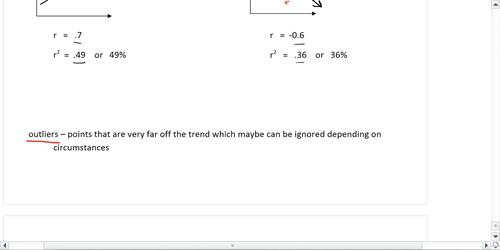You may throw them out if your equipment malfunctioned, for instance. But just because you get outliers doesn't mean you always throw them out, because sometimes you have some real wild sales numbers. The sales are way high and way low. You may want to discuss the reasons for these huge differences. But this is a bit depending on what's going on.